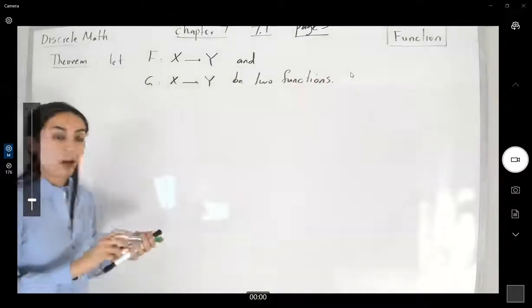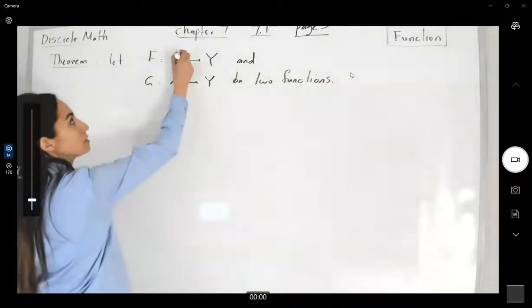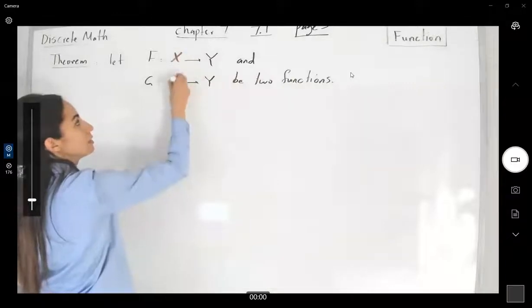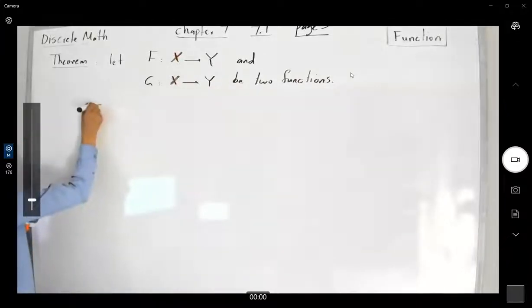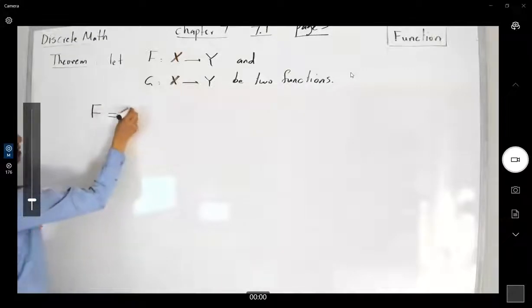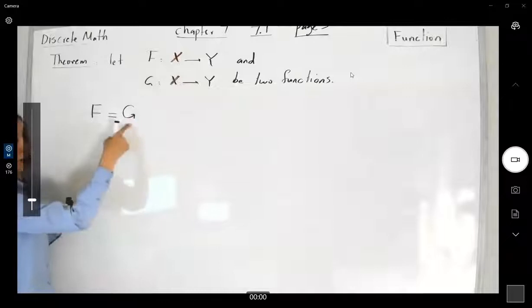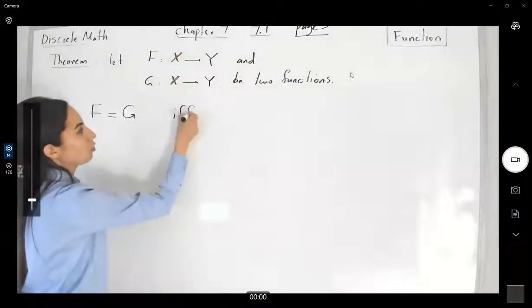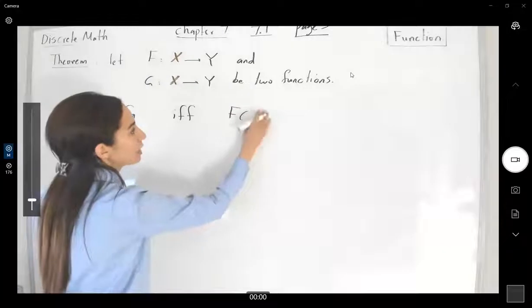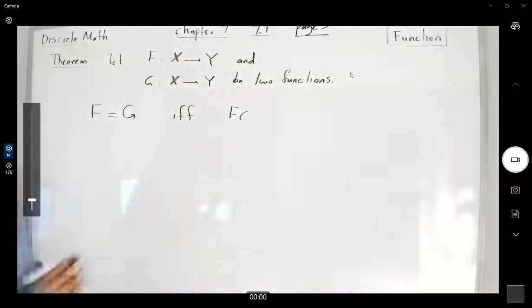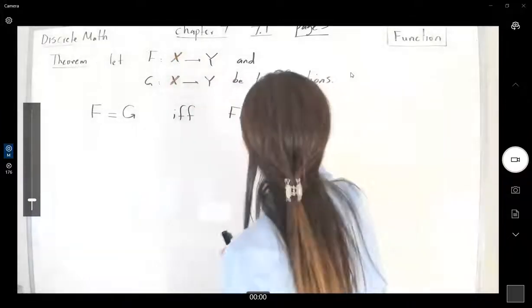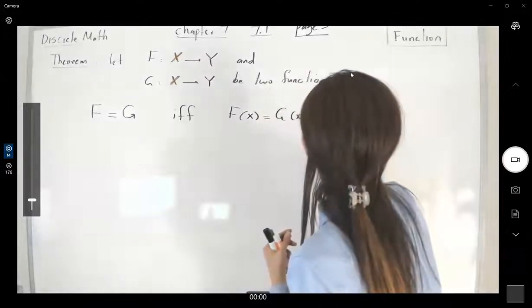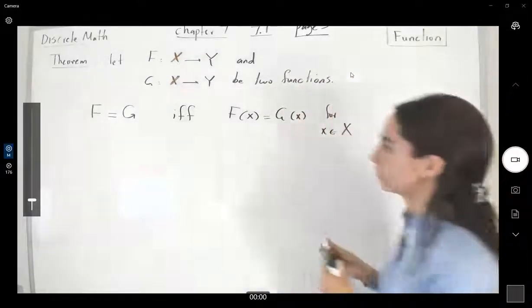Again, I'm going to highlight the domains so you know that the domains are the same, X and X. F as a relation is equal to G as a relation if and only if f of x is equal to g of x for all elements in the domain X.